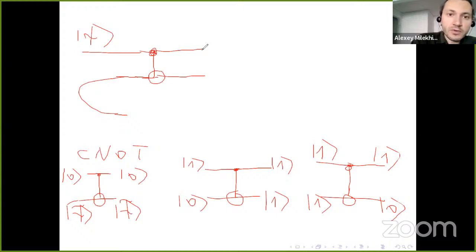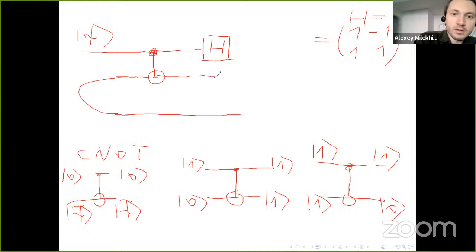Then you act with what is called H. H is a 2x2 matrix, a simple one: 1 1, minus 1 1. And here you perform measurements.